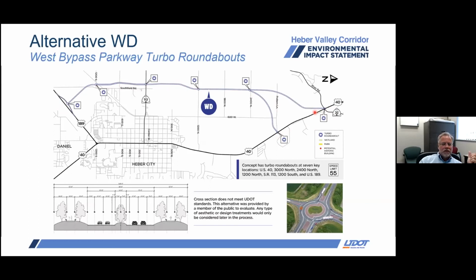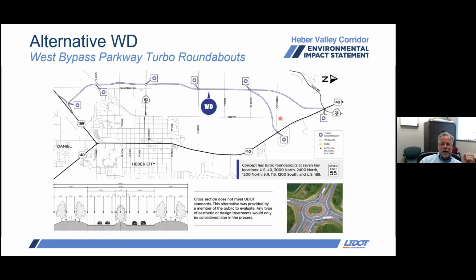The speed limit on this alternative would be 55 miles per hour. This alternative also implements a series of roundabouts called turbo roundabouts. We've highlighted those with these blue circles here in this figure. And just in case you're wondering, turbo roundabouts are a little different than the usual roundabouts that you see around Utah.